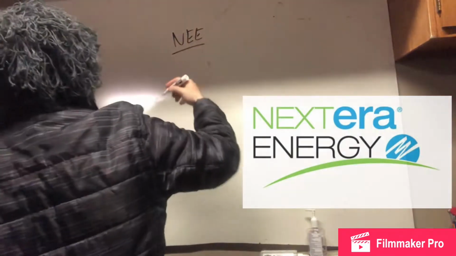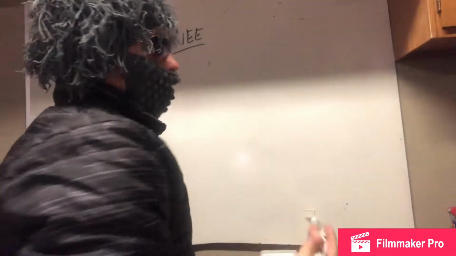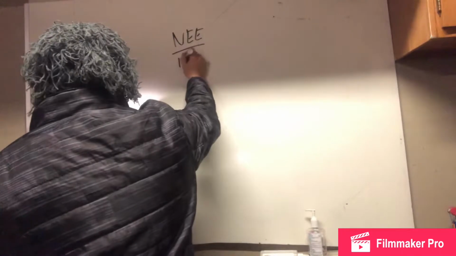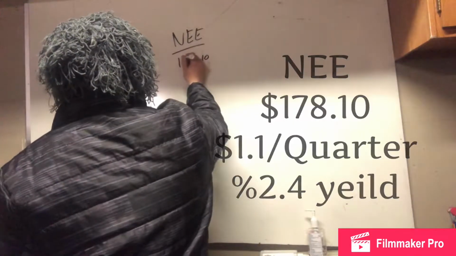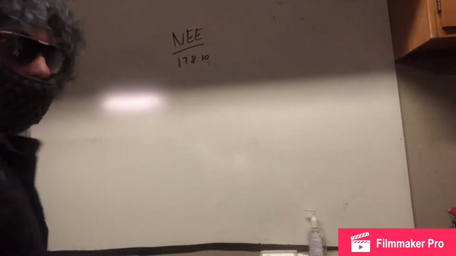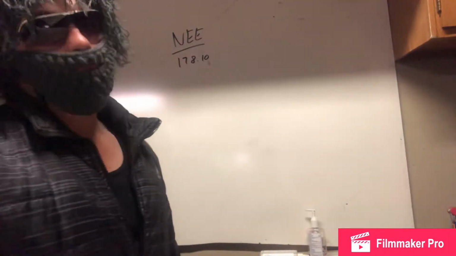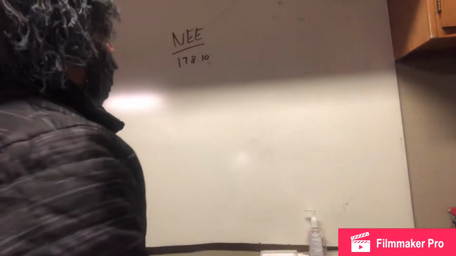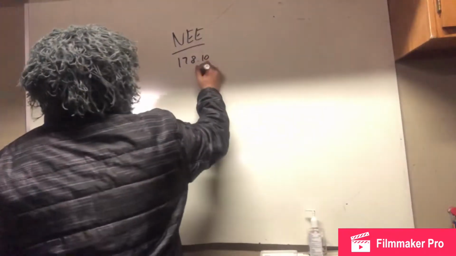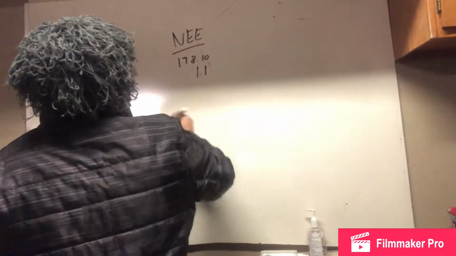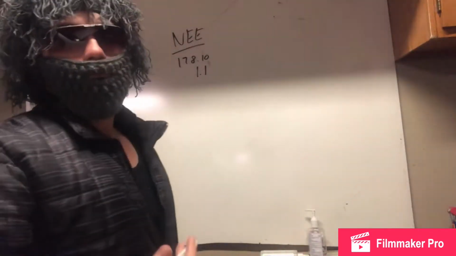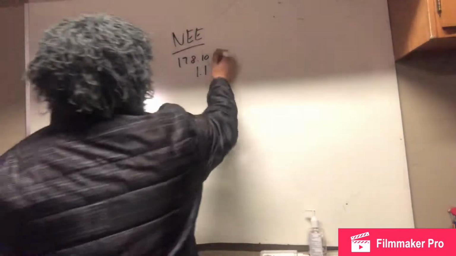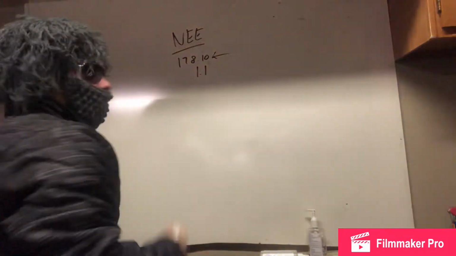Now NEE, as of close today, February 4th, their share price is roughly $178 per share. Hope you guys can see that just fine. Now NEE is one of my favorite stocks, so I know they pay a quarterly dividend of $1.10 per share.